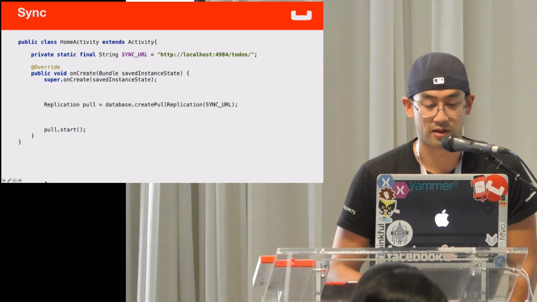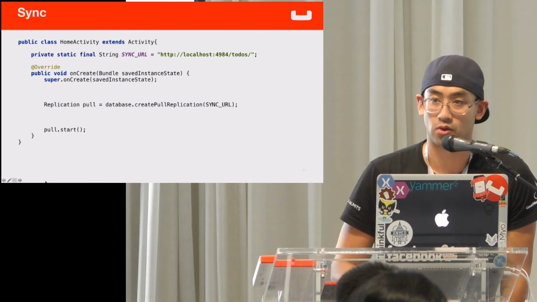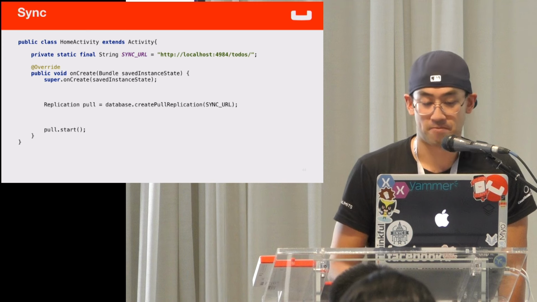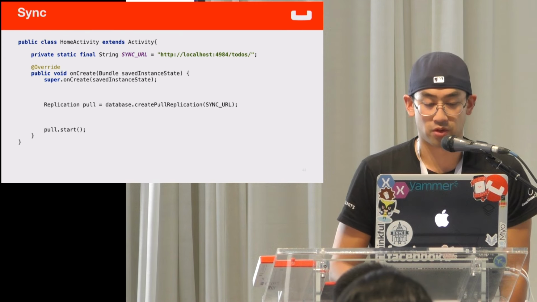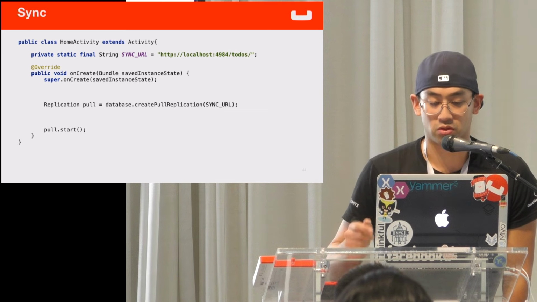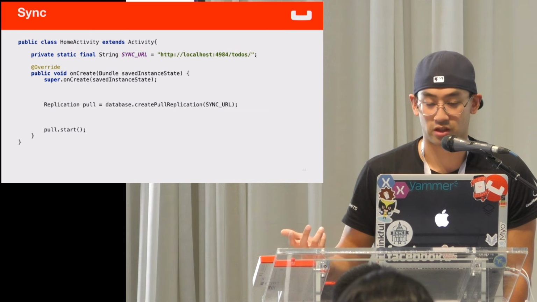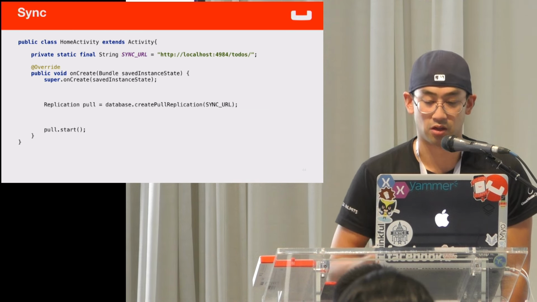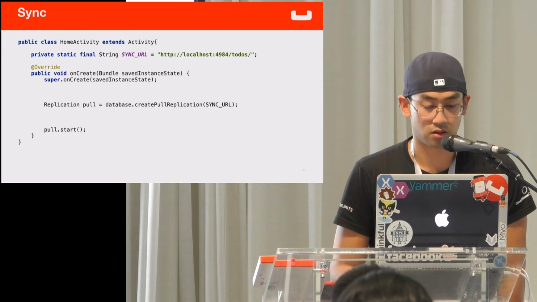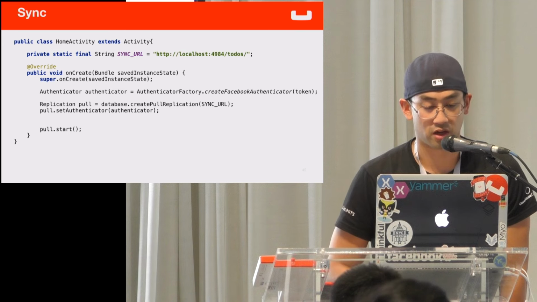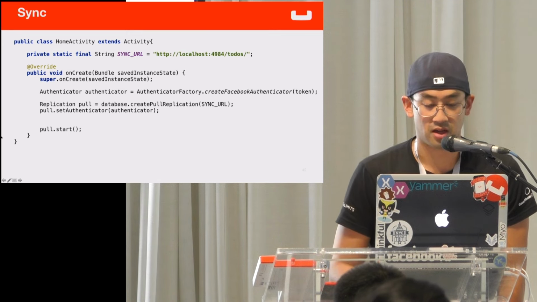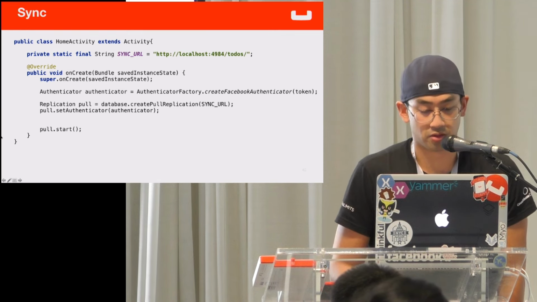When you create the pull replication, you pass in the sync URL parameter, and then you call start. You're basically starting a replication call to the server, and if there are any changes, you get that update locally. The same thing goes for pushing, and over here you add some authentication. If you have that token, great, then you can go ahead.